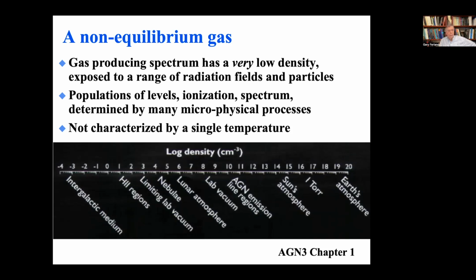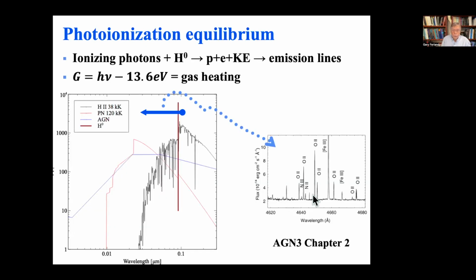That's a way to think of it. So the populations of levels, ionization, and the spectrum are determined by microphysics, not by thermodynamics. So this region cannot be understood in terms of equilibrium thermodynamics, one temperature in a Boltzmann equation, that kind of thing. Instead, we have to fall back to the microphysics. And so this is photoionization equilibrium.